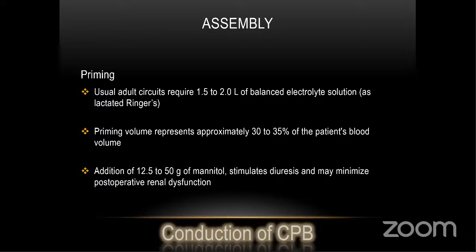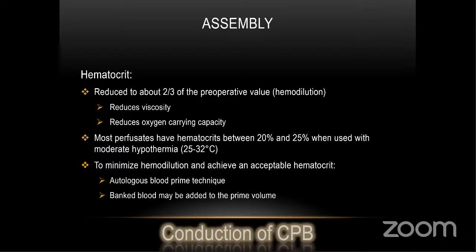So addition of 12.5 to 50 grams of mannitol stimulates diuresis and may minimize postoperative renal dysfunction. Hematocrit by priming is reduced to about two thirds of the preoperative value.